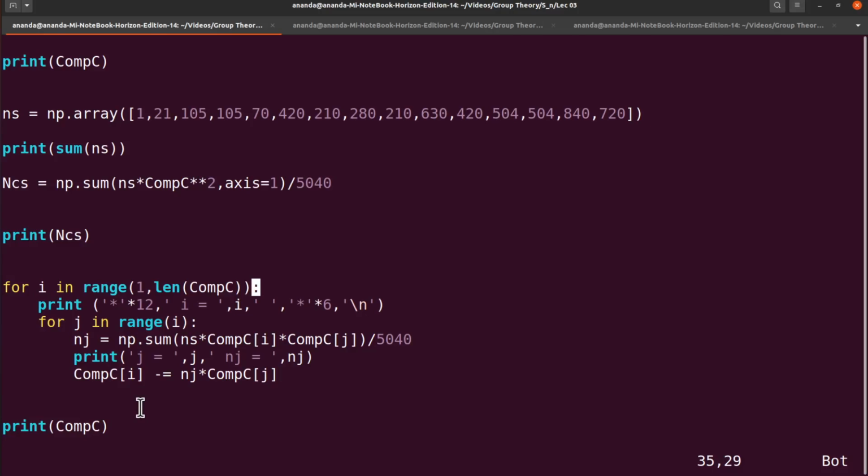So it takes away all the occurrences of the jth simple character from the ith compound character. Finally, this will leave us with a simple character at the end. And just to see how this works, let me just run this program.